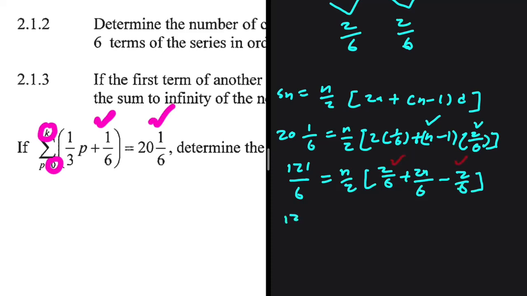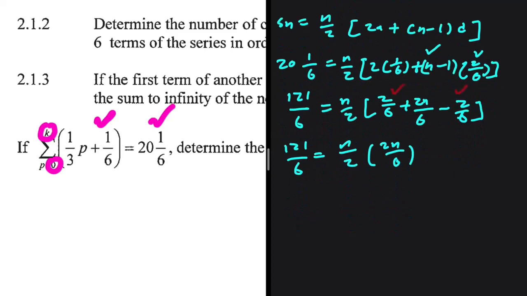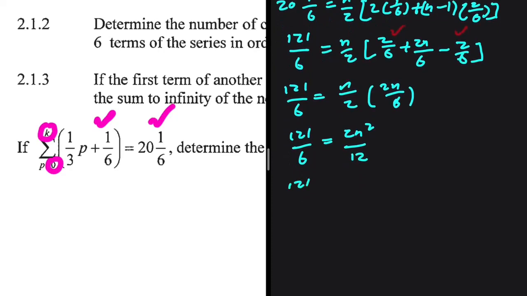So we just have 121 divided by 6 being equal to n divided by 2 multiplied by 2n divided by 6. So 121 divided by 6 will be equal to 2n squared divided by 12. This is the same as 121 divided by 6 being equal to n squared divided by 6.